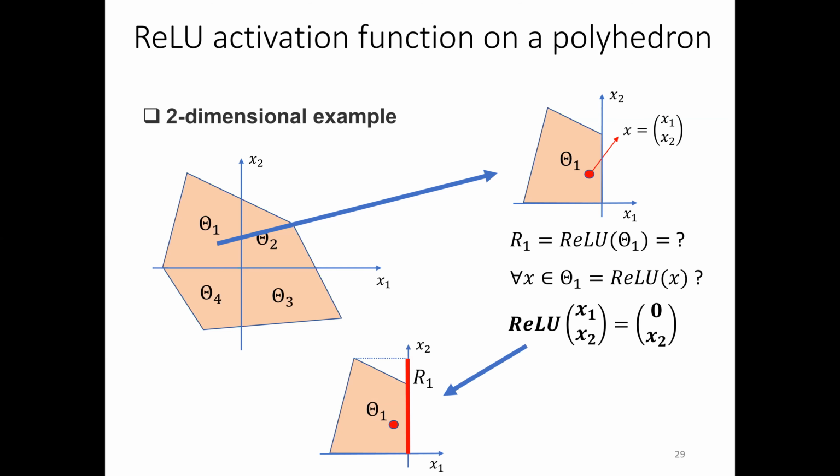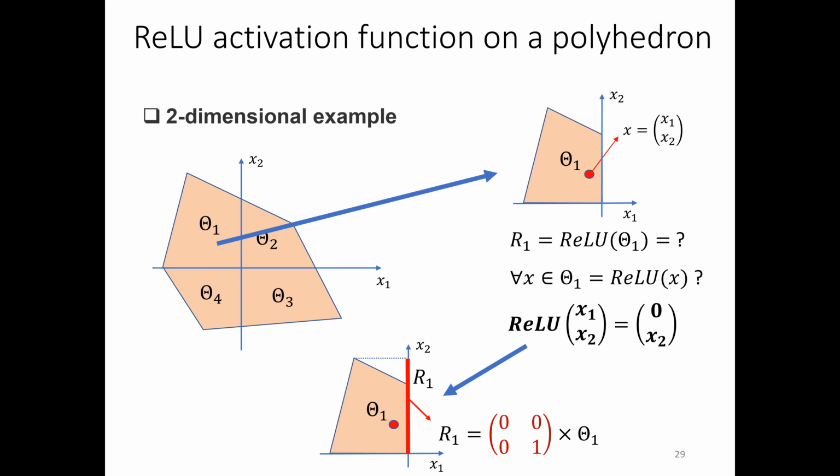In terms of visualization, this is what we have. So how do you express R1 in terms of θ1? It's an affine mapping, right?